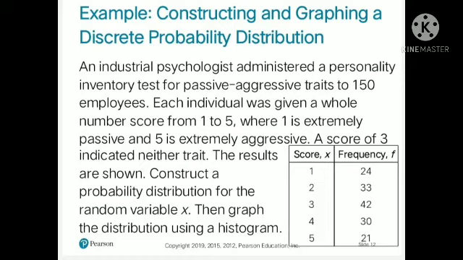A score of 3 indicated neither trait. The results are shown. So, 1 is 24, 2 is 33, 3 is 42, 4 is 30, 5 is 21. So construct a probability distribution for the random variable X, then graph the distribution using a histogram.